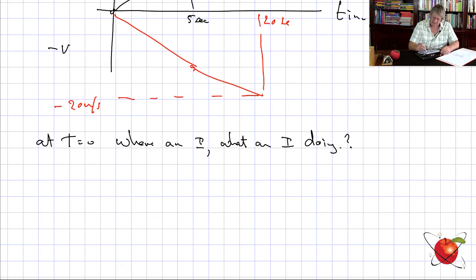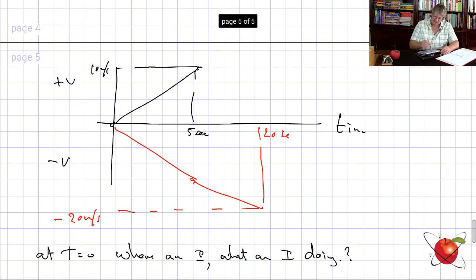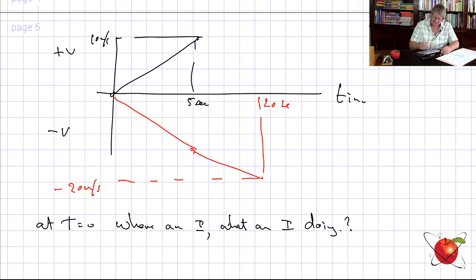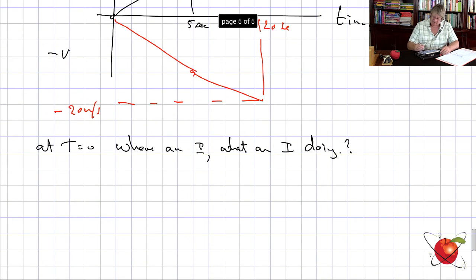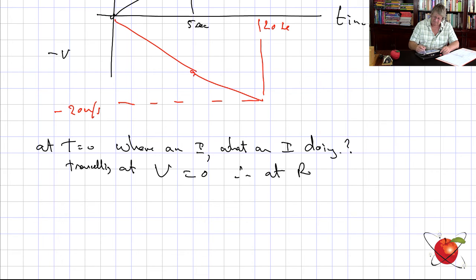Okay? Well, let's go and have a look at the graph. At time 0, all I can say is I am traveling at 0 velocity. V equals 0. Therefore, I am at rest.